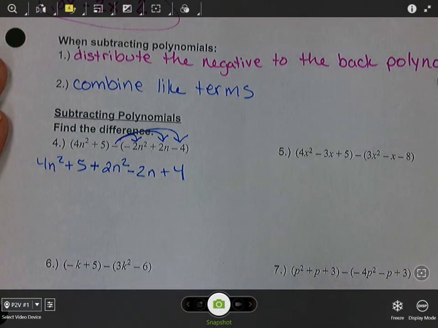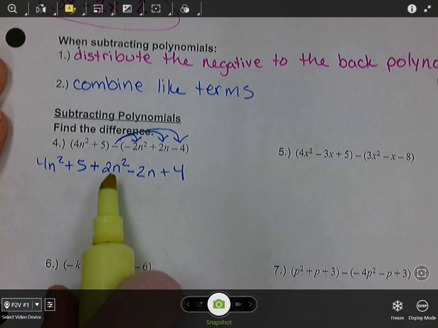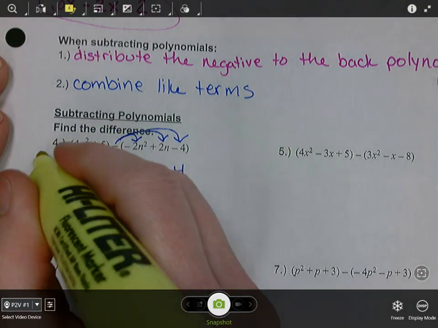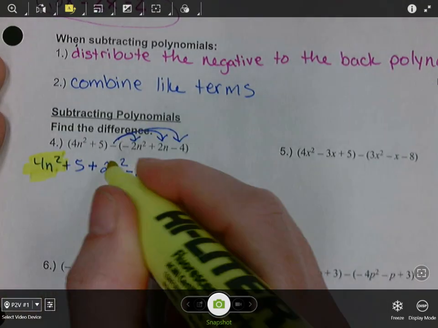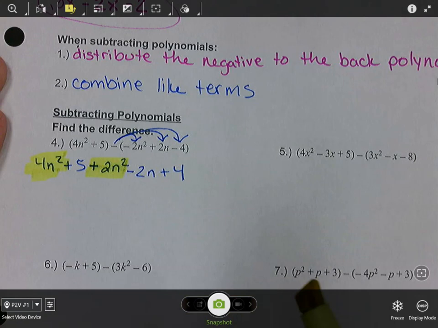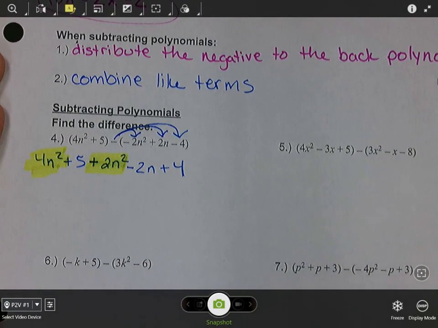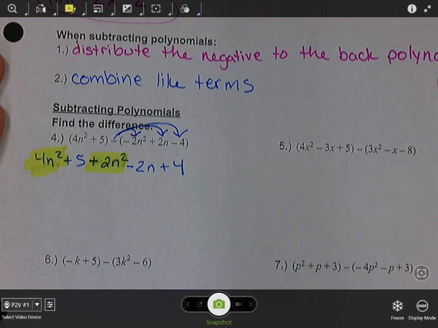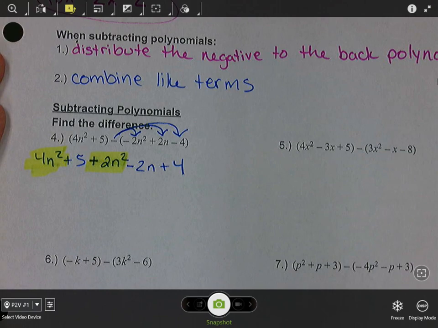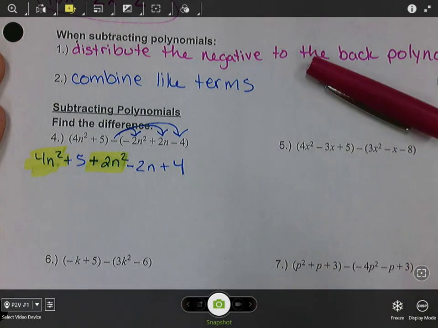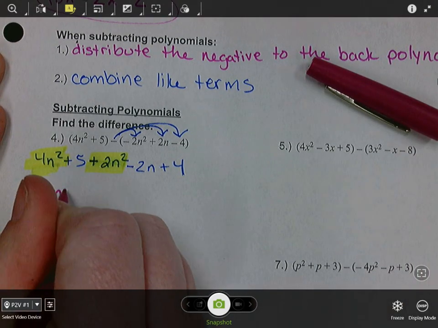So look for the biggest exponent, which is a 2. So 4n squared and positive 2n squared are your like terms. So you add those together, just like we did before. What's 4n squared plus 2n squared? 6n squared. Perfect.